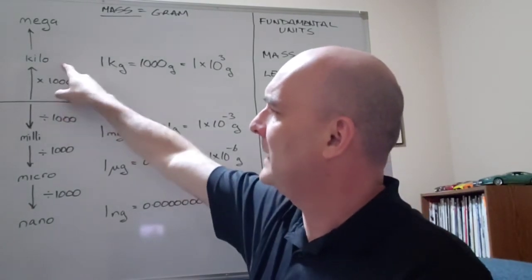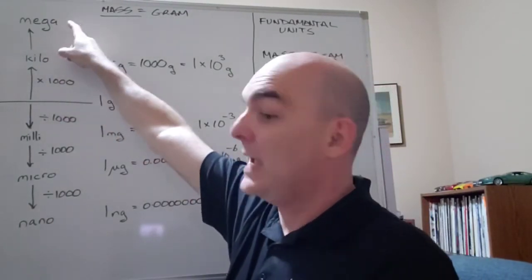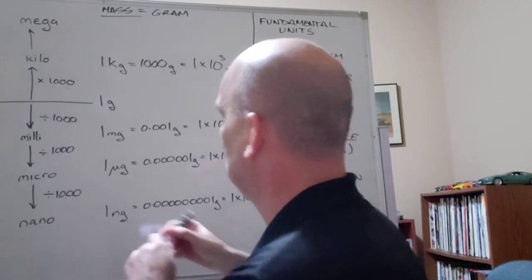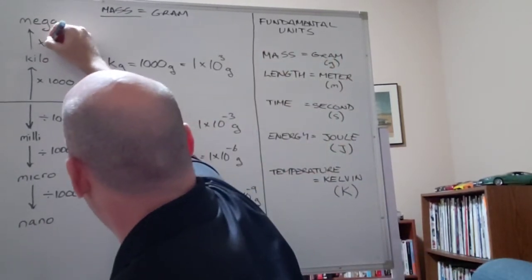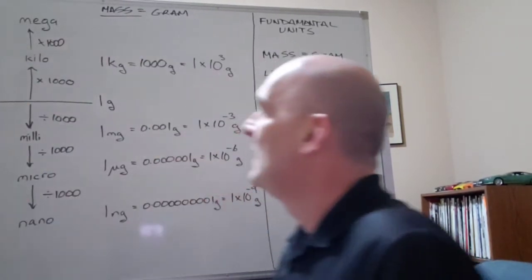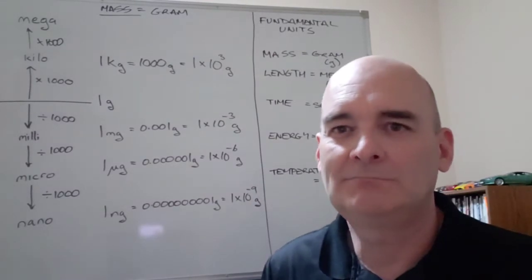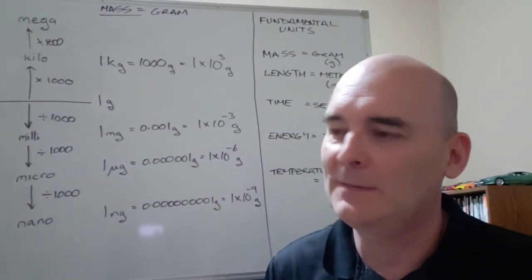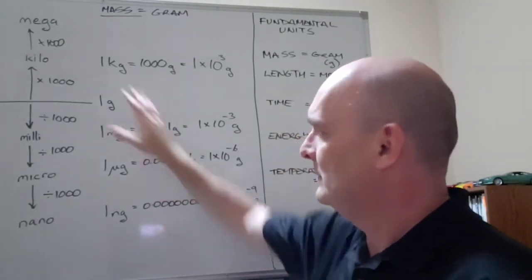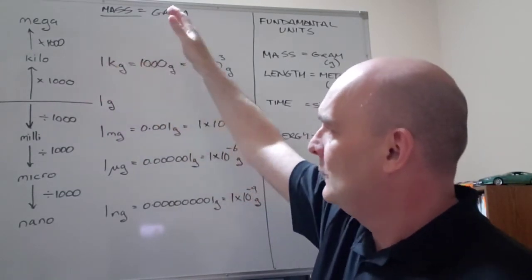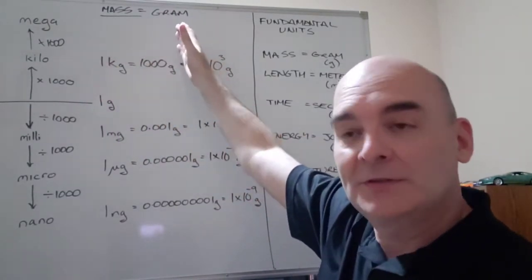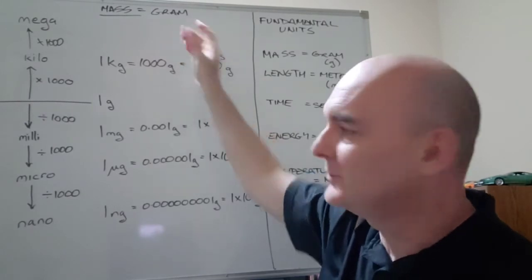If I take my kilogram and I multiply that up by 1,000, I just realized I didn't put 1,000 in there. Then I make a megagram. No one really says megagram. But that would be 1,000 thousands, so that would be 1,000,000 grams.